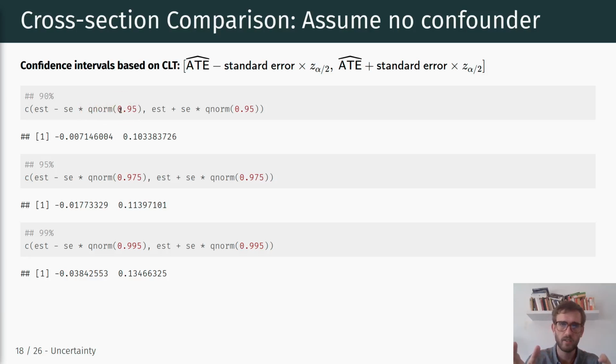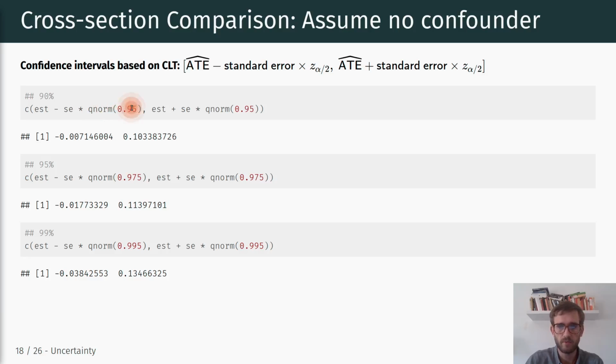Again, remember when we talked about probability distributions and using probability distributions in R, qnorm basically provides you the x value for a given quantile in the standard normal distribution, right?